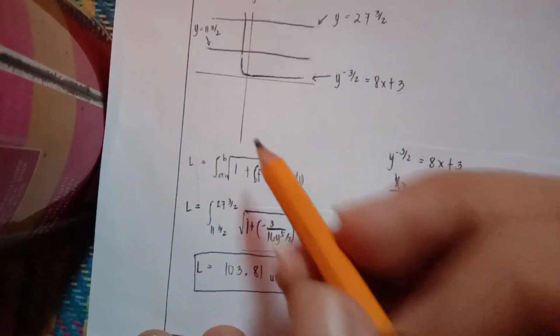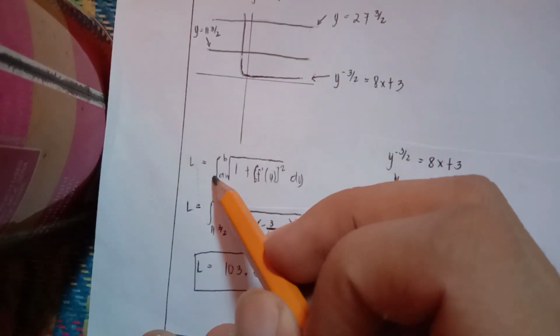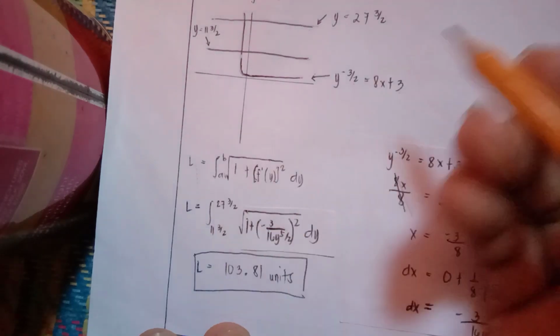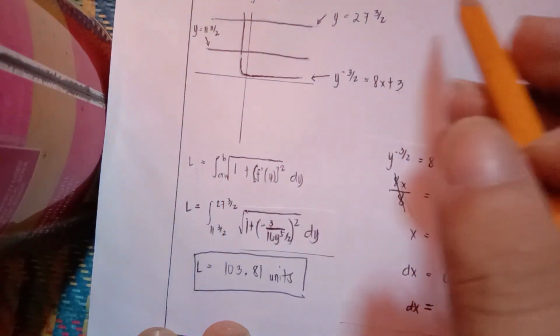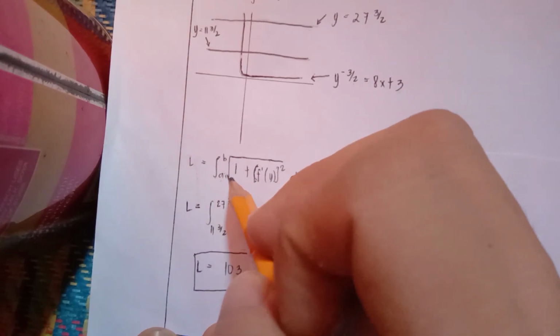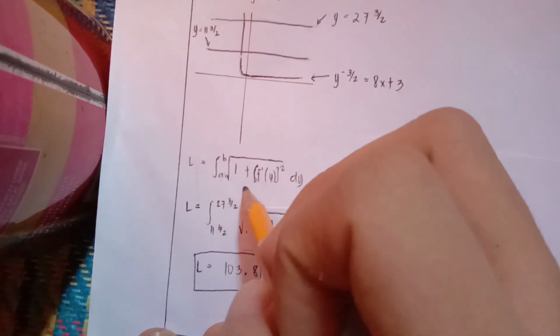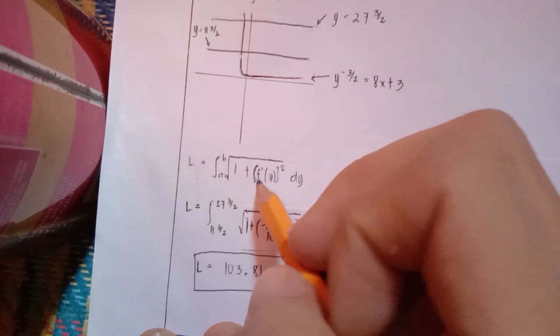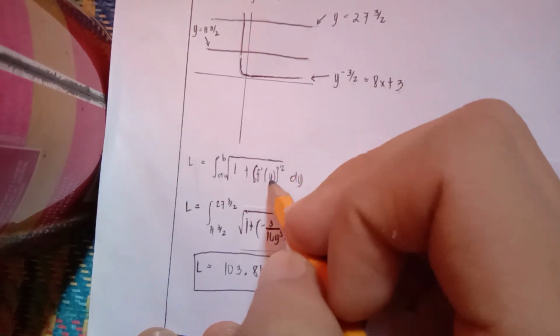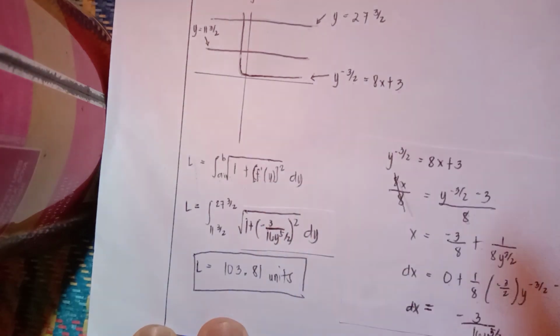So this is the formula for finding the length of the curve: integral from limit a to b of the square root of 1 plus the square of the first derivative, dy.